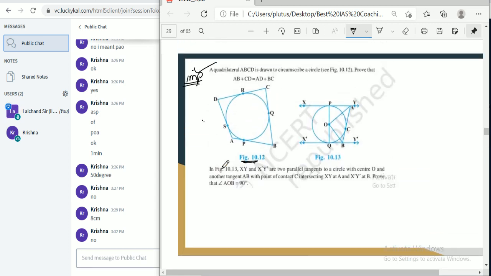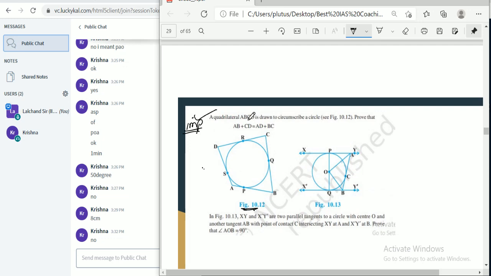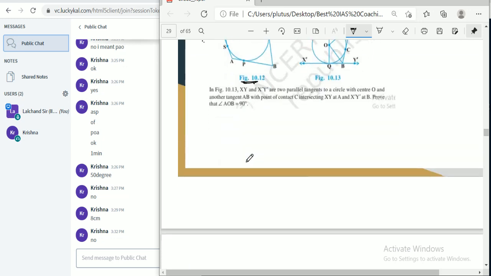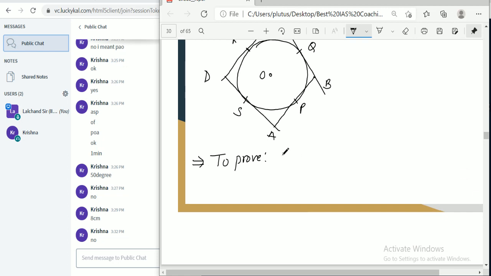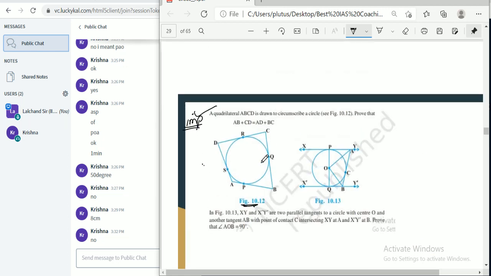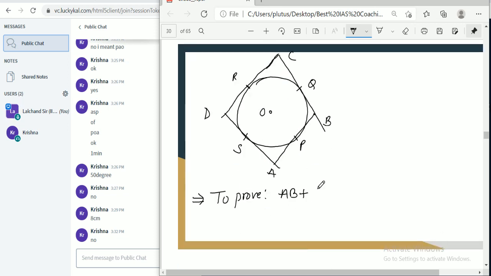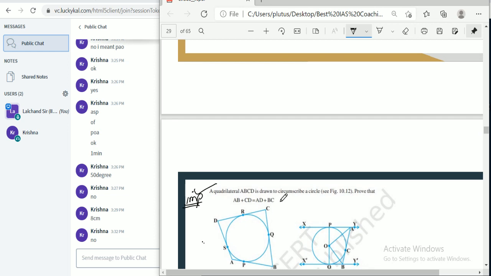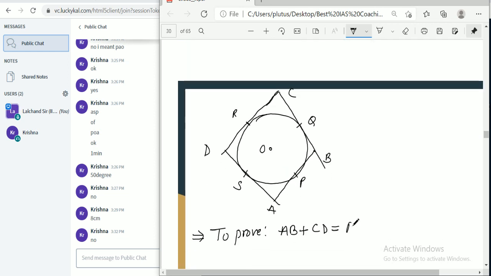We need to prove the length of AB plus CD is equal to length of AD plus BC. So this we need to prove.